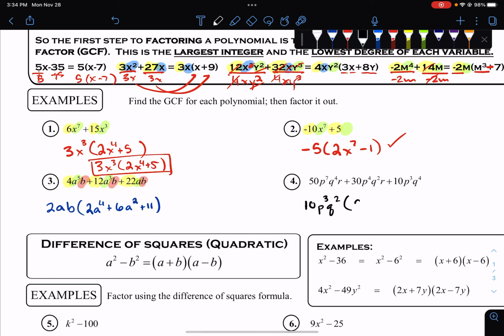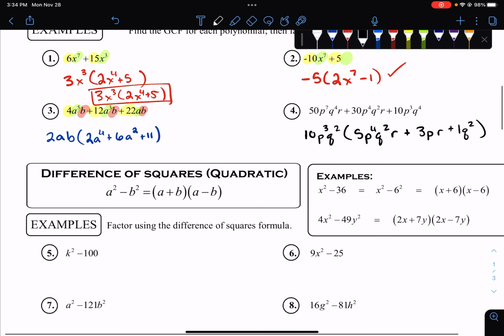So I'm left with 5p to the fourth q squared r plus 3p q squared. I took out q squared, and I'm left with r, plus 1p cubed came out, q squared. So 10p to the third q squared on the outside, and that mess on the inside.